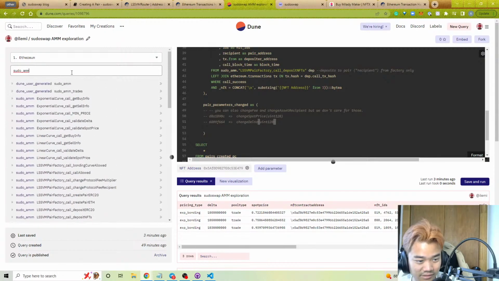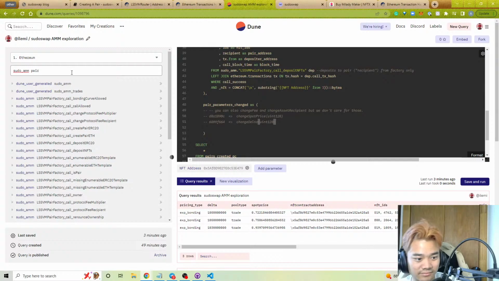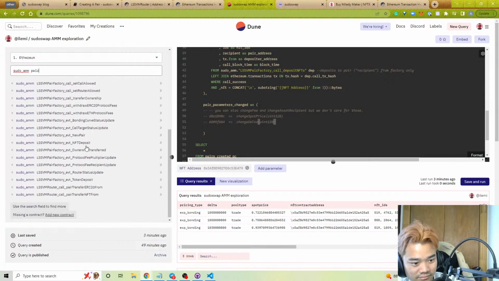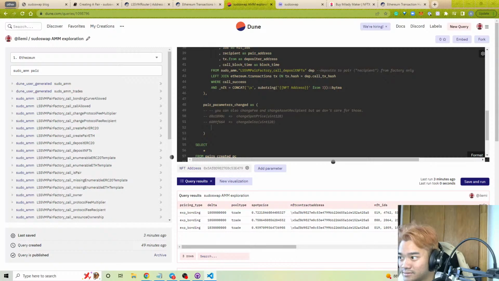Oh, is pair not decoded? Hmm. Okay. I flatten this.